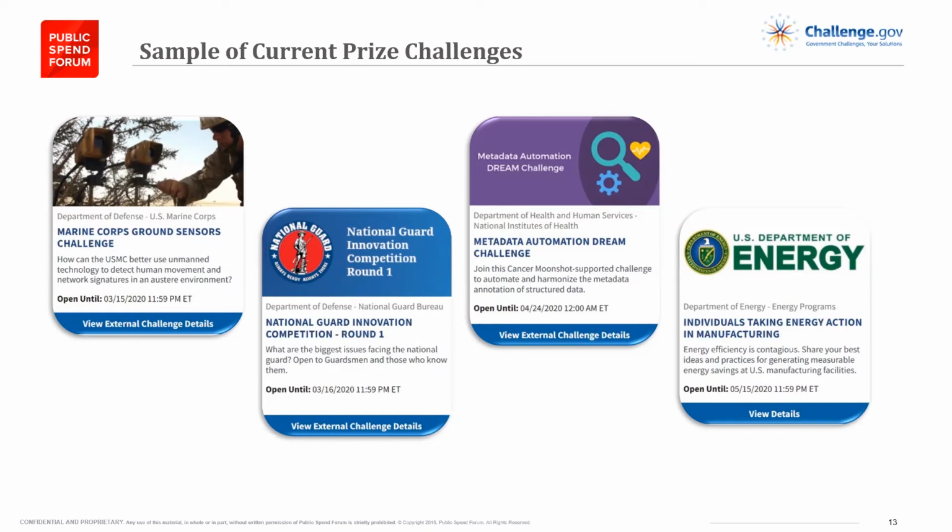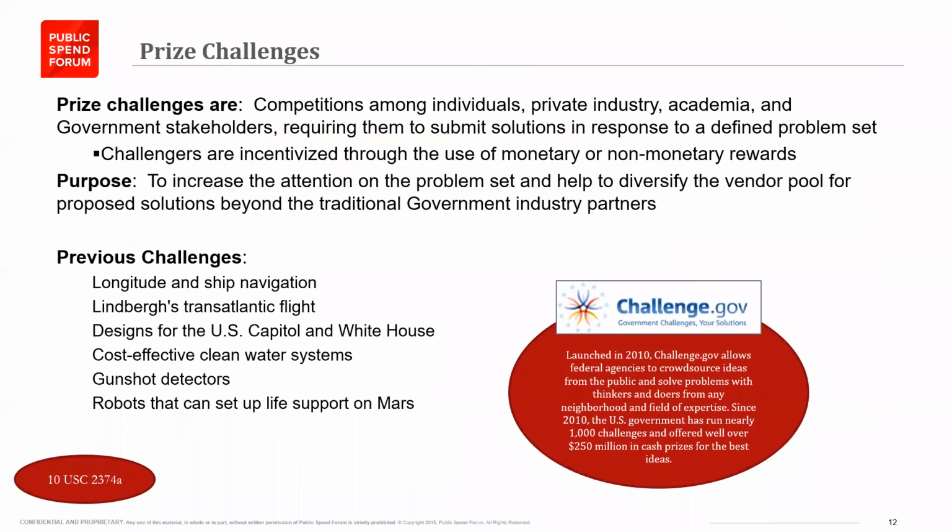So the general prize challenge competition is found in Part 15, and it is open to all the federal agencies. DoD actually went and created its own, which you can see down here in the left-hand corner, 10 USC 2374A. DoD created its own prize challenge authority, which you can also leverage if you're DoD.